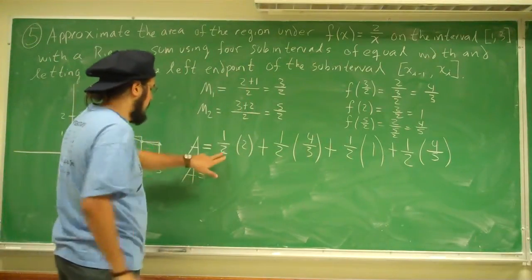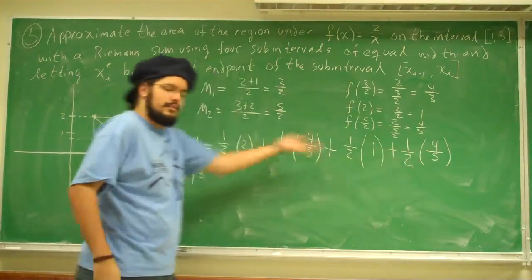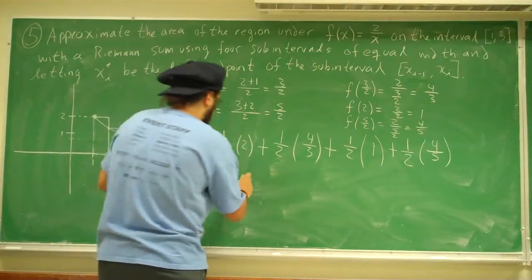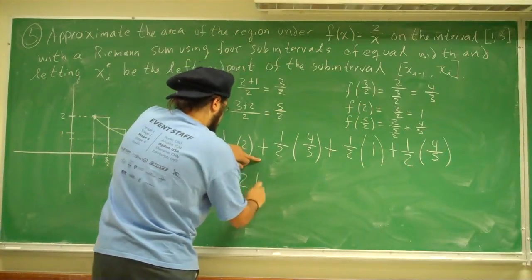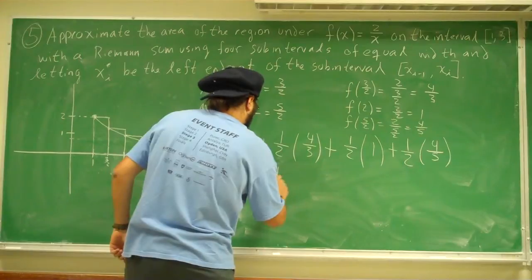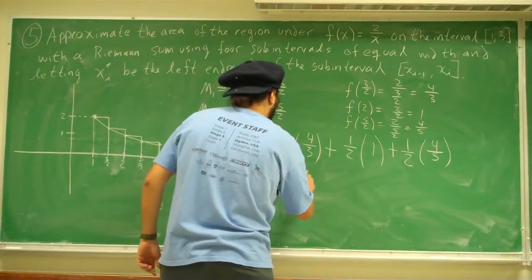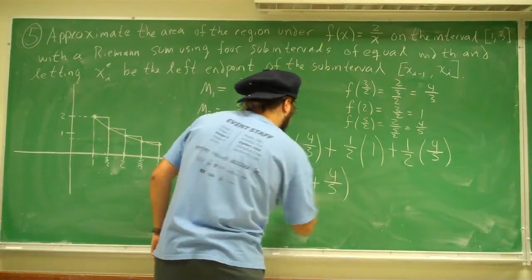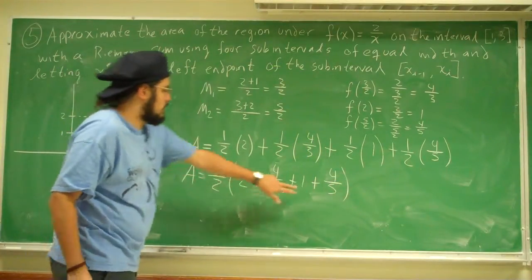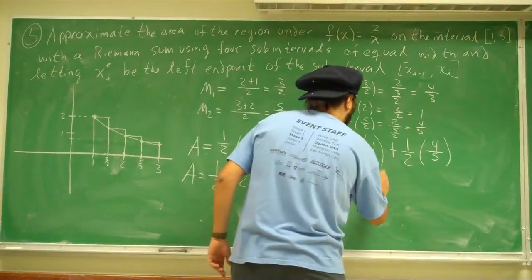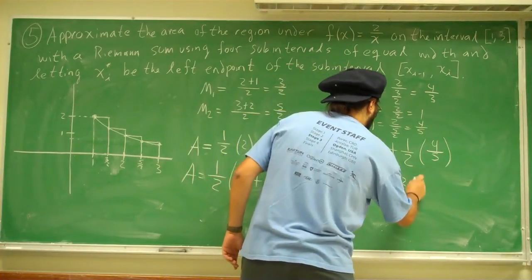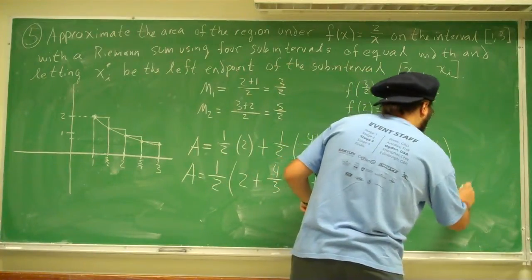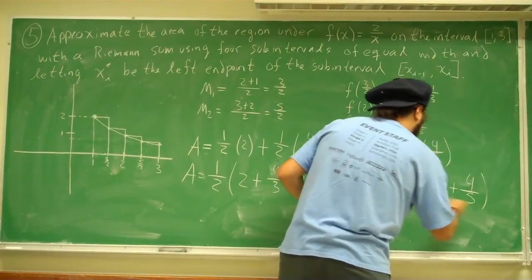The area then is, we have 1/2, 1/2, 1/2, 1/2, so we factor 1/2 out, and we're left with 2 plus 4/3 plus 1 plus 4/5. Okay, so now I'm going to add the 2 and the 1. So I'm left with 1/2 times 3 plus 4/3 plus 4/5.